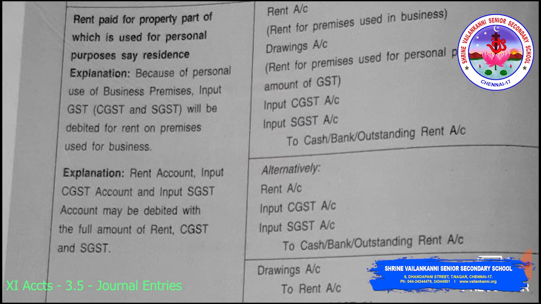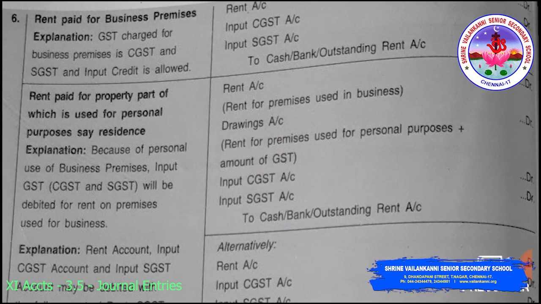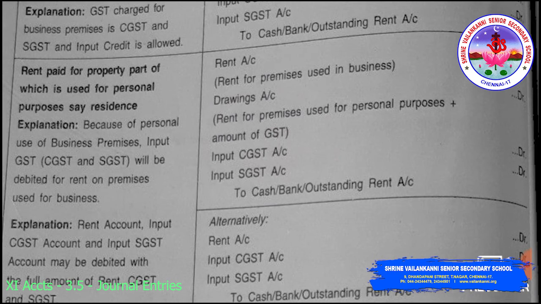Now this rent 5,000 will be for office purpose, you will show it as rent account debit. Another 5,000 you are using as a residence, first floor is a residential space, so that is personal, so it's shown as drawings account. So input CGST, input SGST account to cash or bank and outstanding rent account.